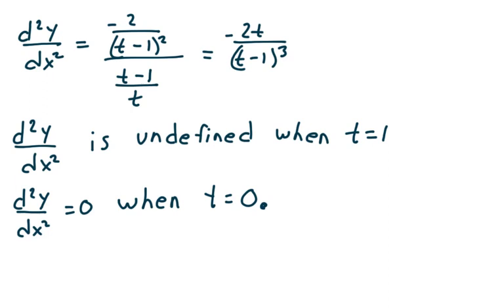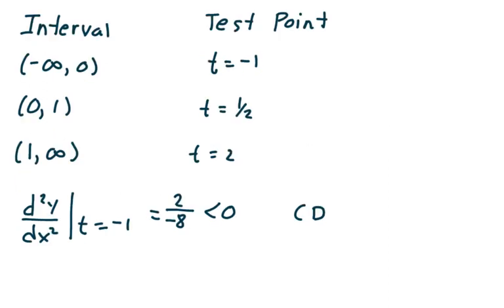So the second derivative of y with respect to x is undefined when t equals 1, and it is equal to 0 when t equals 0. We need to consider both. So we have the interval from negative infinity to 0, 0 to 1, and then 1 to infinity. And so, if anything, draw a number line.